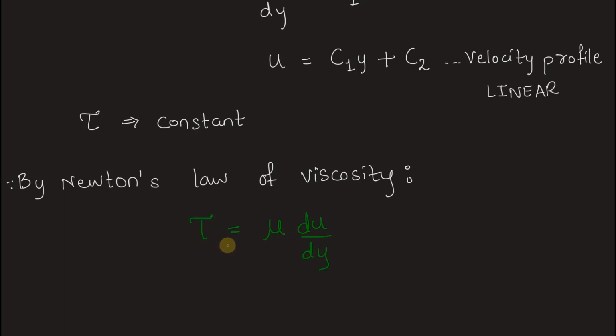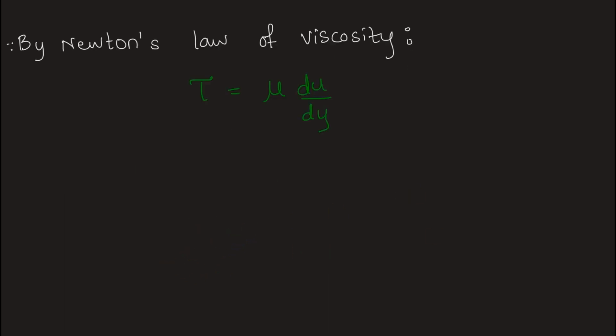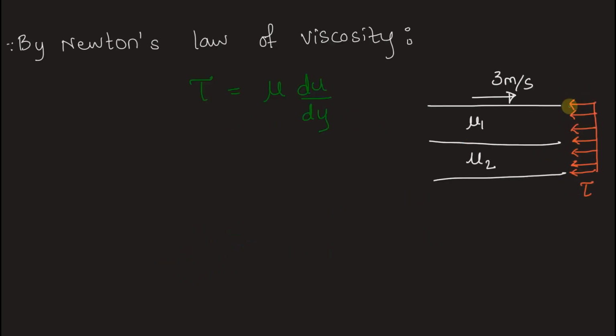Slope of a line is a constant value and hence tau is constant. So if tau is having a constant value throughout the depth of 2 meter, we can find out this value of shear stress, and that will be the shear stress at the interface. We can find it out from the top fluid as well as using the bottom fluid properties.